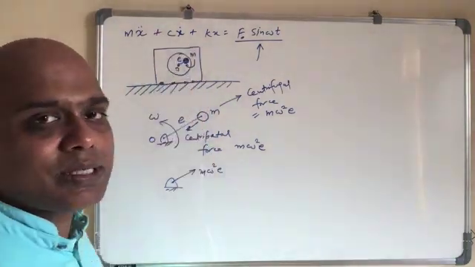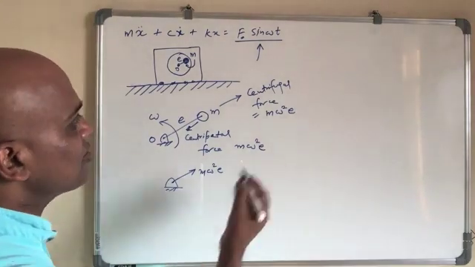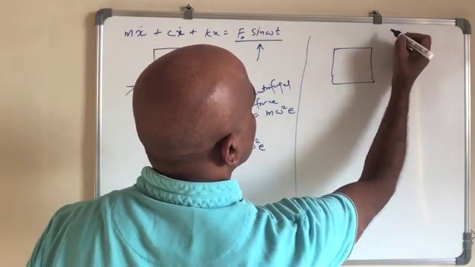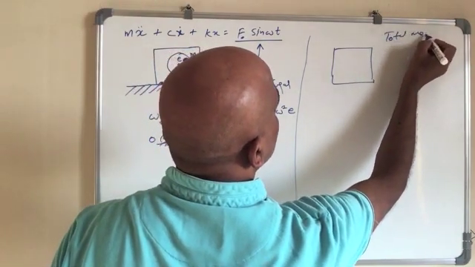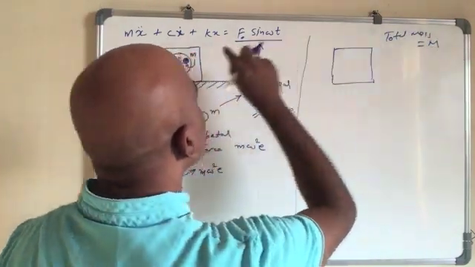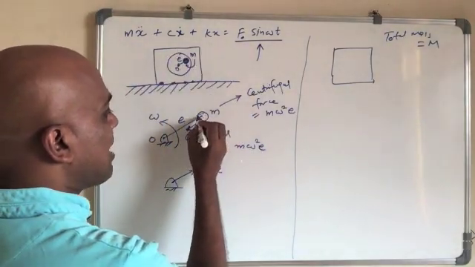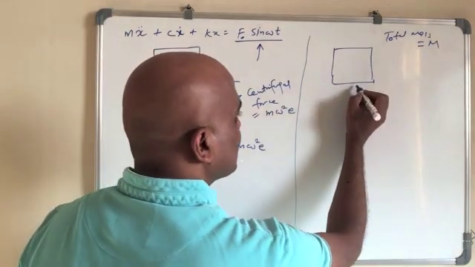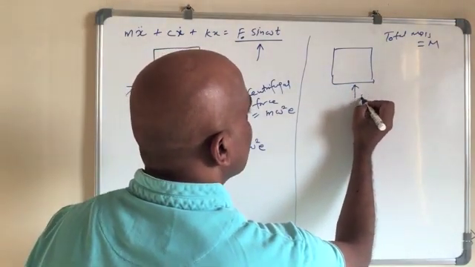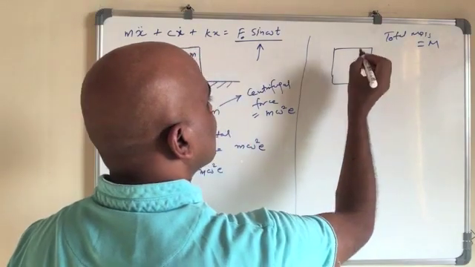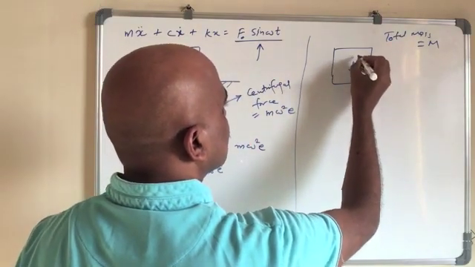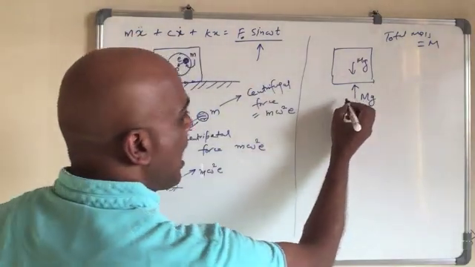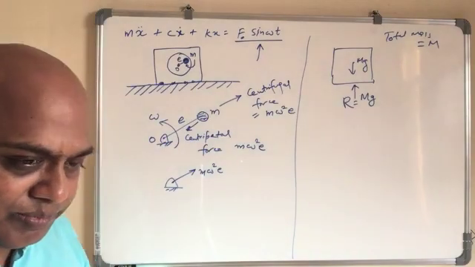If it is not rotating, for example, let us say the total mass equal to m, so that includes this unbalanced mass as well. Then you have a ground reaction force which will be equal to mg, right? So this is the ground reaction force, R equals mg.